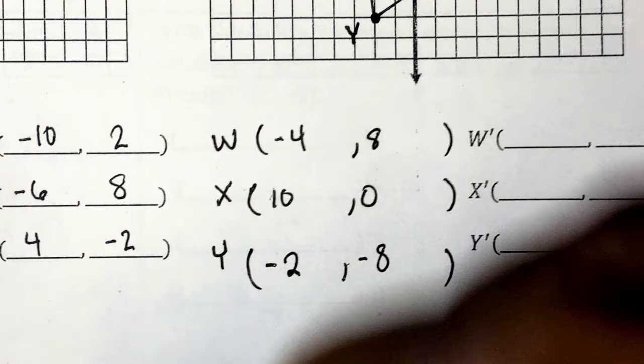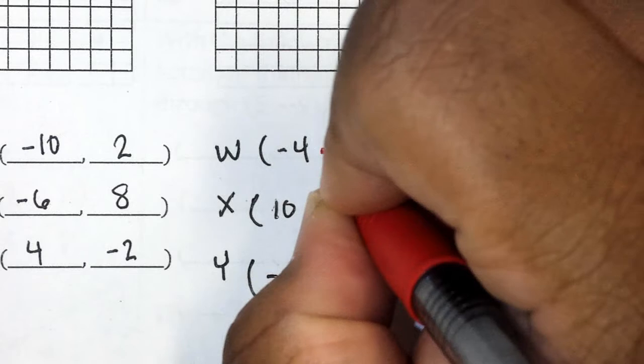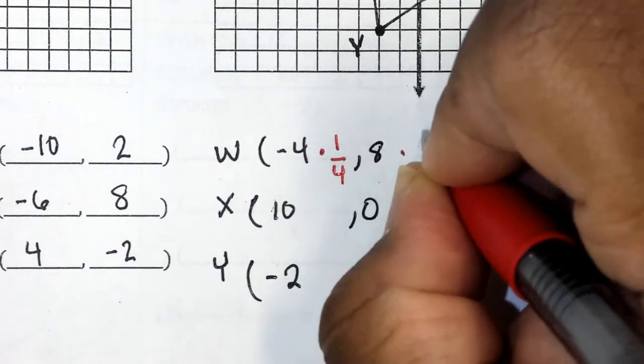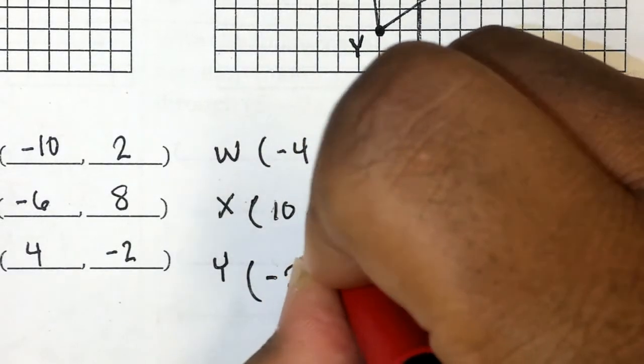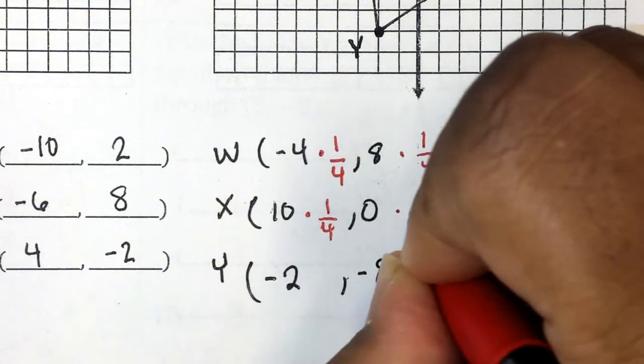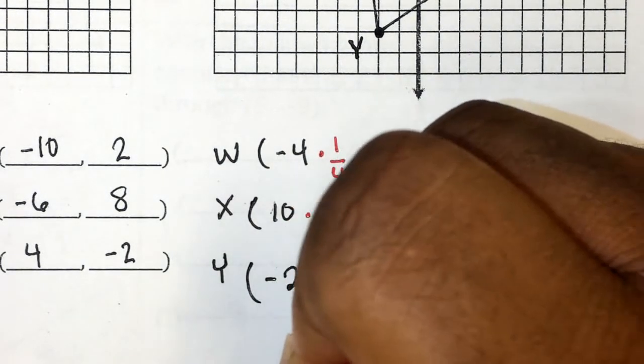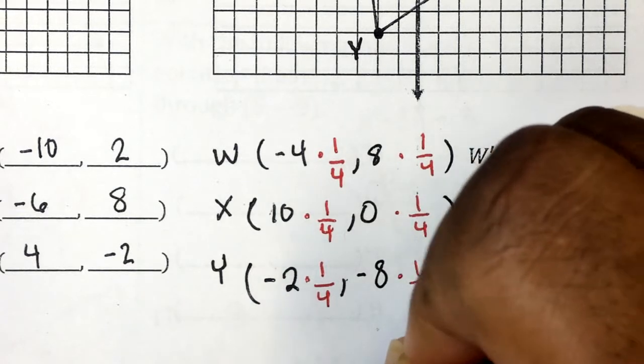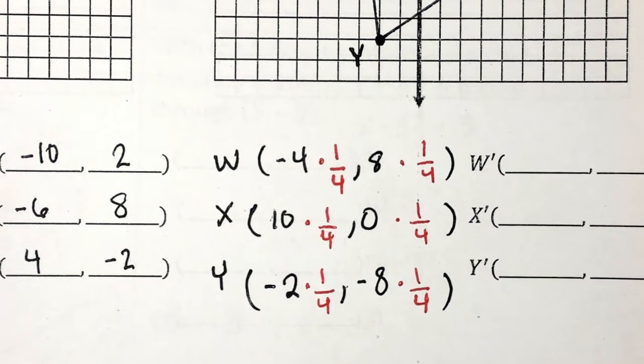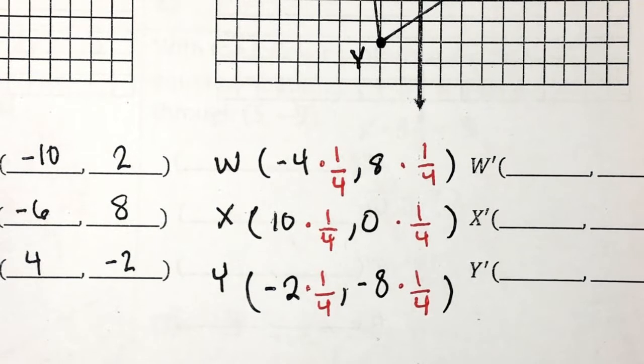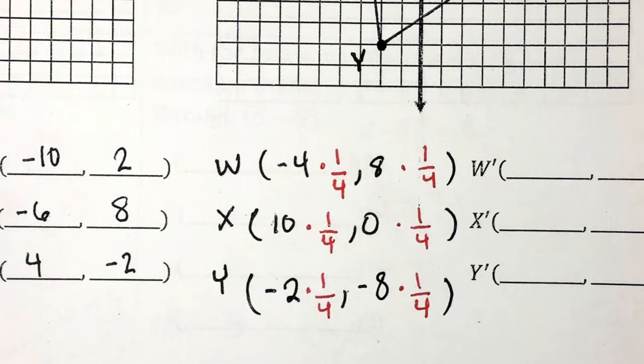Multiplying by a scale factor of 1/4. 1/4, 1/4, 1/4, 1/4, 1/4, 1/4. Don't overcomplicate this. Kids will ask me, "Oh, put a 1 under the whole number." That's a waste of time. I know I did it in the bell ringer, I put a 1 under that.